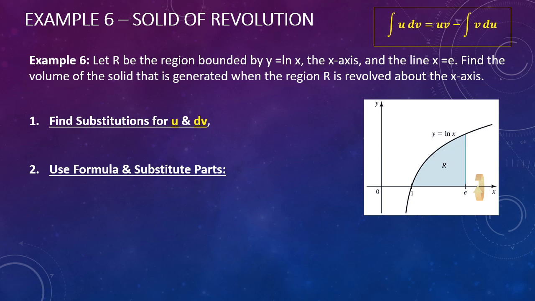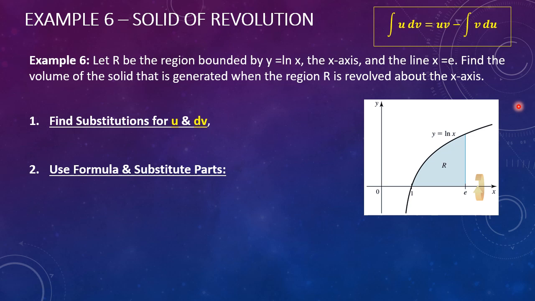Well, we can see that when we're revolving it around the x-axis, we're going to have a circular figure, or a disk. And remember, for each of those disks, the area is going to be the area of a circle, or pi r squared. And in this case, the radius is going to be the function, natural log of x.